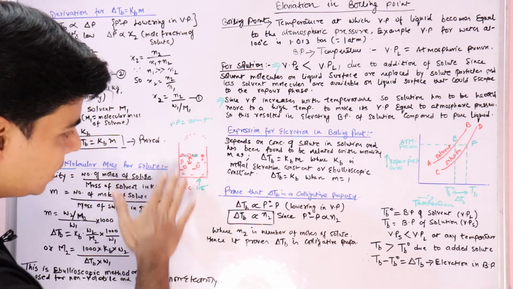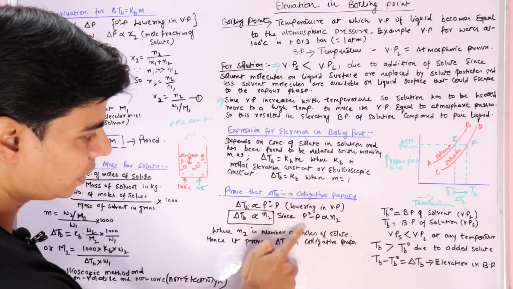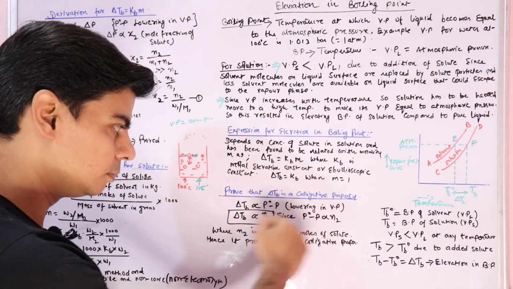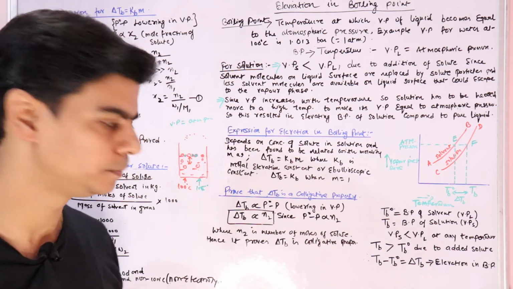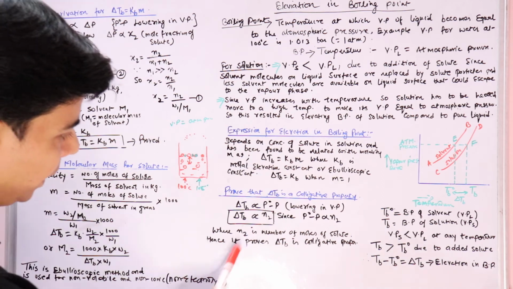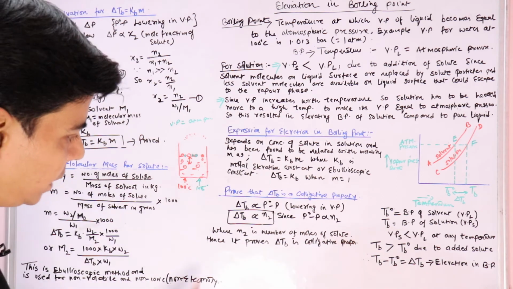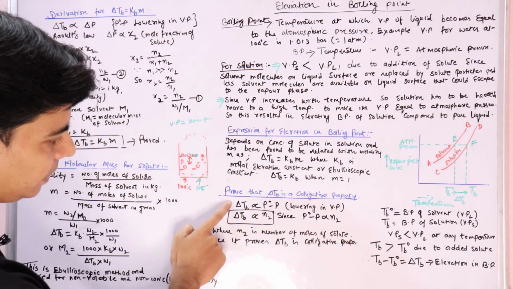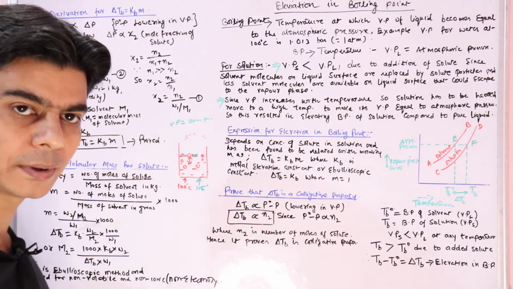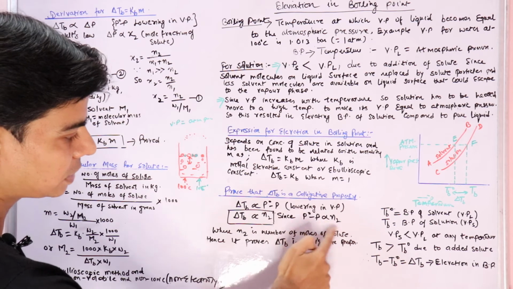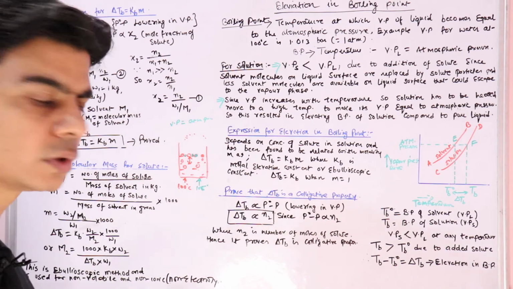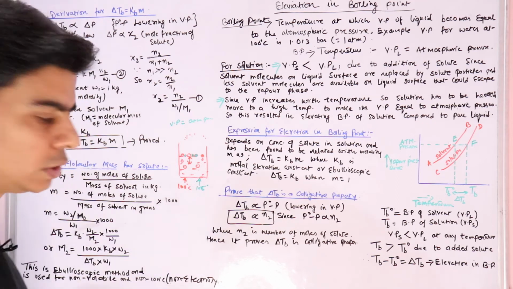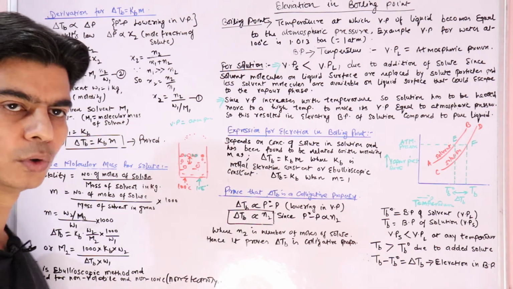So lowering in vapor pressure is directly proportional to the moles of solute, where N2 is the number of moles of solute. Since delta TB is directly proportional to lowering in vapor pressure, this elevation in boiling point is also directly proportional to number of moles of solute.